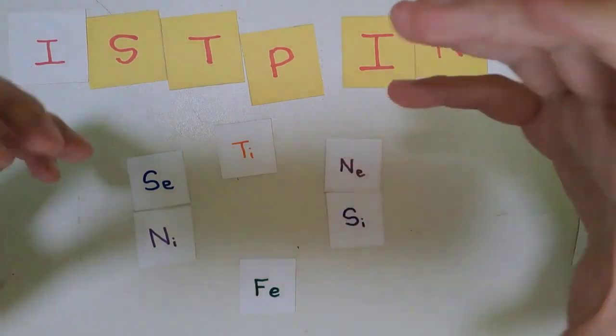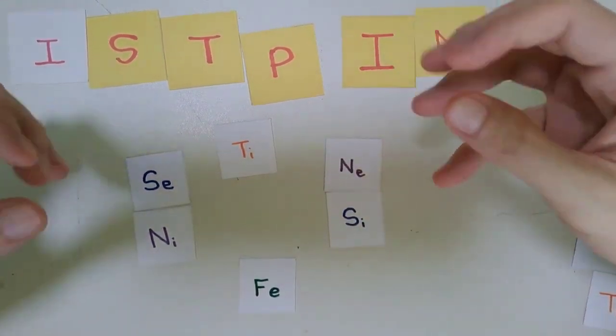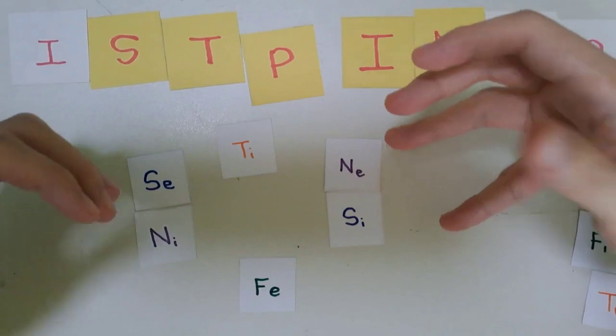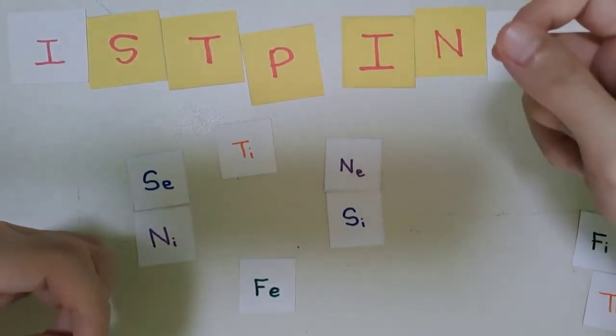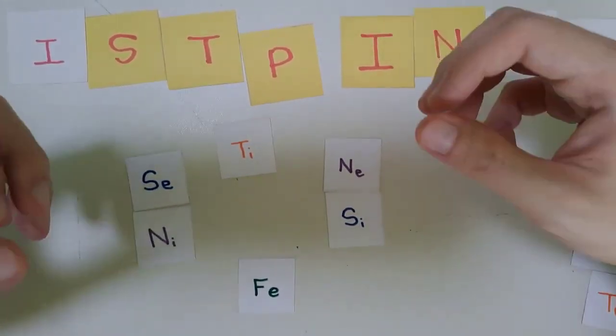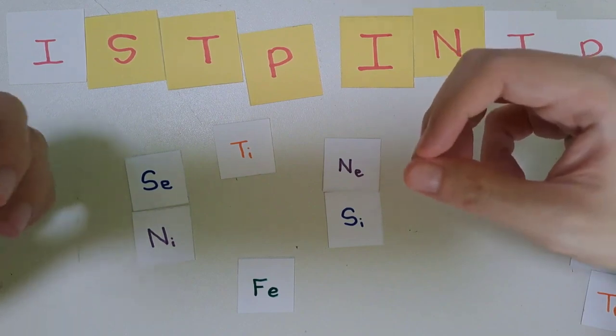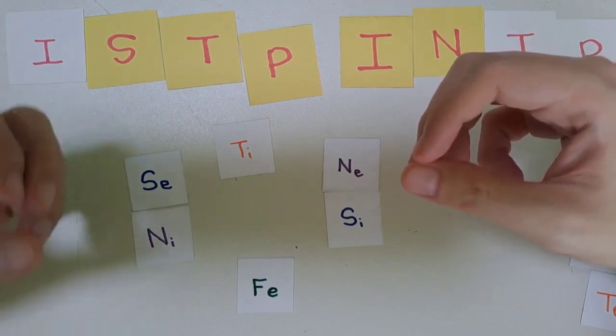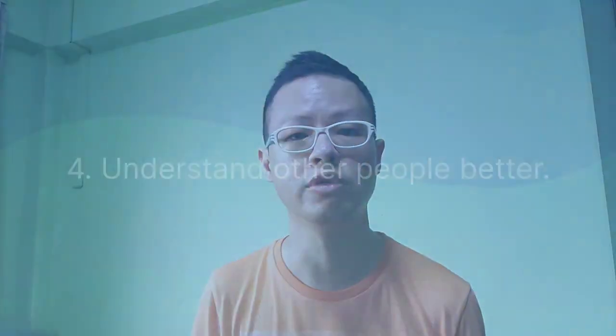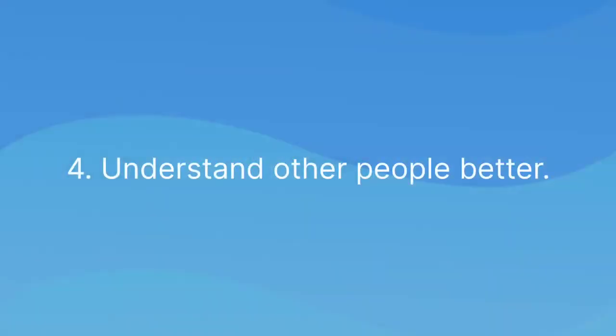What MBTI tells you is your preference, but it doesn't dictate your actions. If you prefer to use your right hand, it doesn't mean that you can't use your left hand. It's just more uncomfortable or unfamiliar to use cognitive functions that you are not used to. Also, MBTI can help you in your relationships. It's good to understand your own cognitive functions, but also other people's.